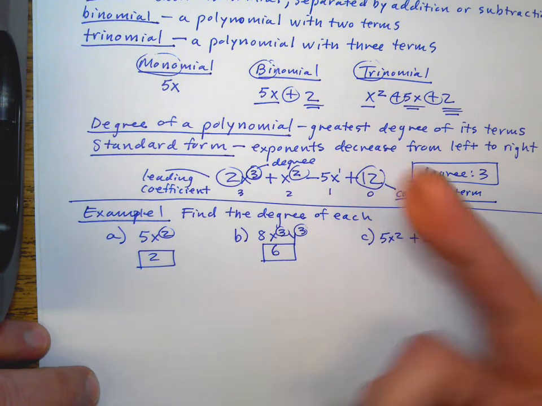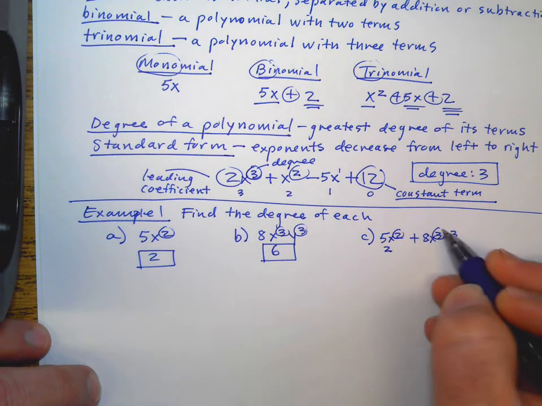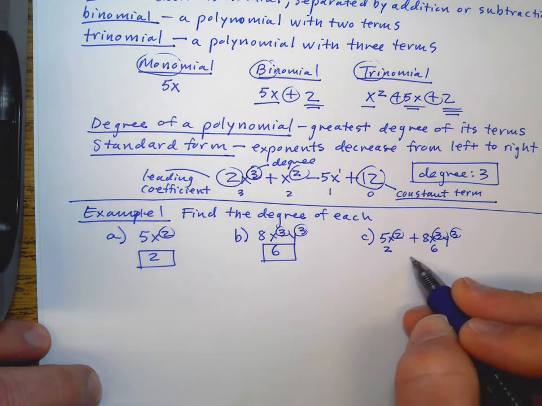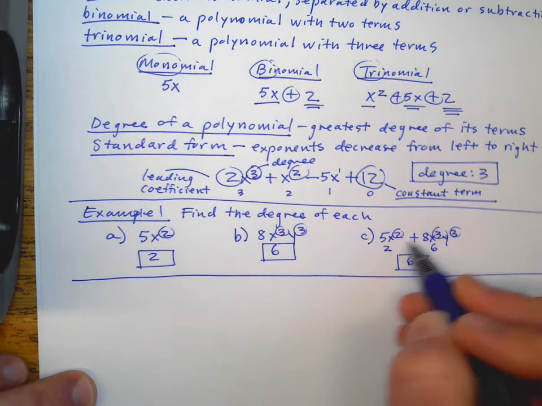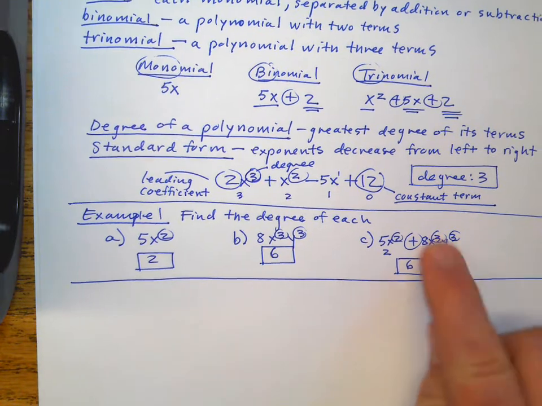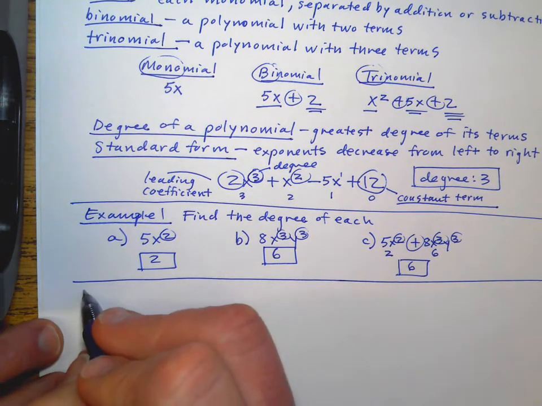It has 2 terms. The degree of this term is 2. The degree of this one is 6. The degree of the whole polynomial is 8. It's the biggest one out of those. Okay? Because these are separate terms. Here we added them, and here we added them just right there, but not all of them together. So that's the degree.